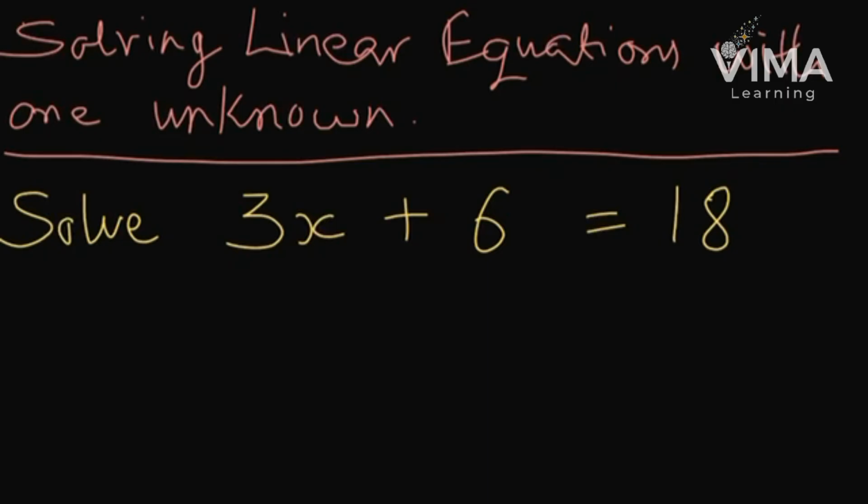Now, to solve this kind of equation, we need to look at the operations going on here. First, 6 was added to 3x, so we need to undo that. How do we undo addition? We undo addition with subtraction. So we need to subtract 6 from both sides.